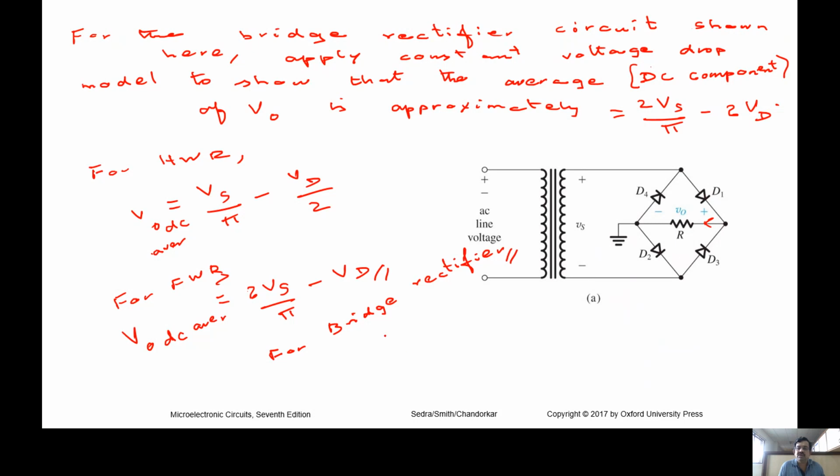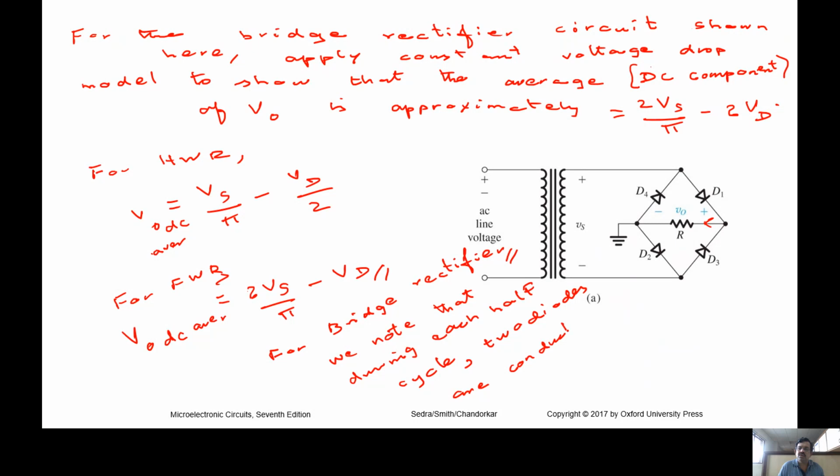Now for the bridge rectifier we note that the only difference that is affecting, the rest of the things are the same. For the bridge rectifier, we note that during each half cycle, two diodes are conducting.